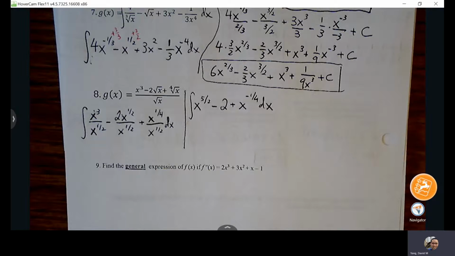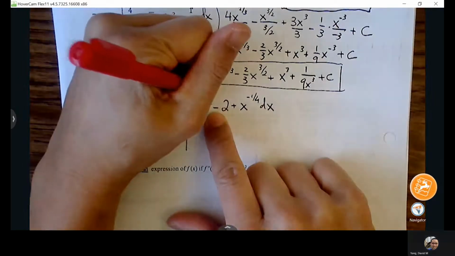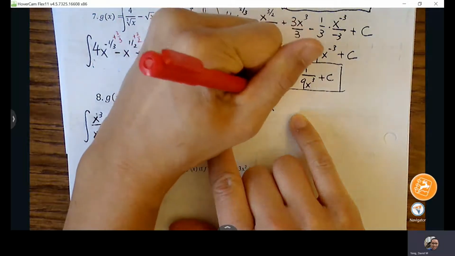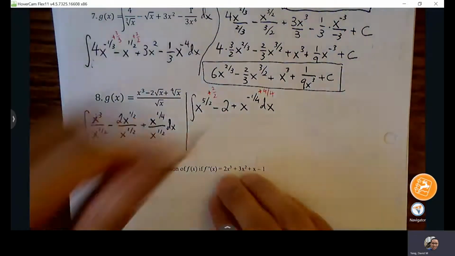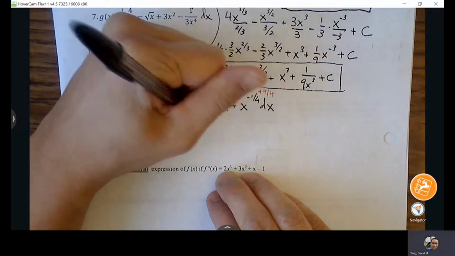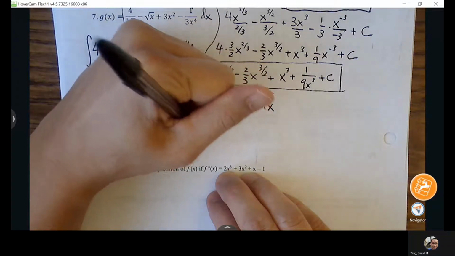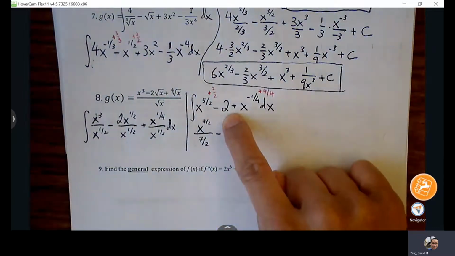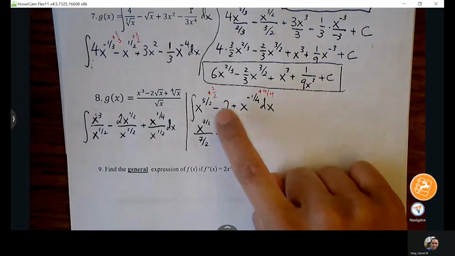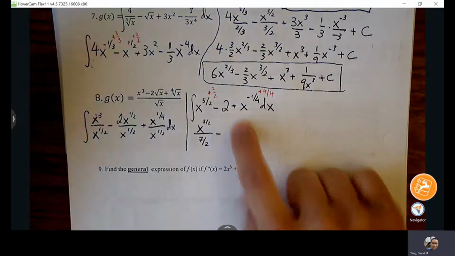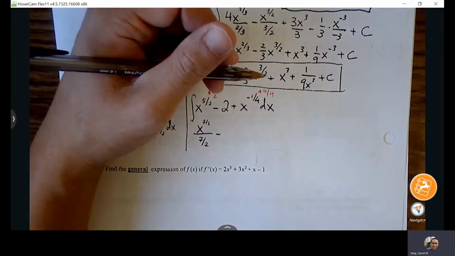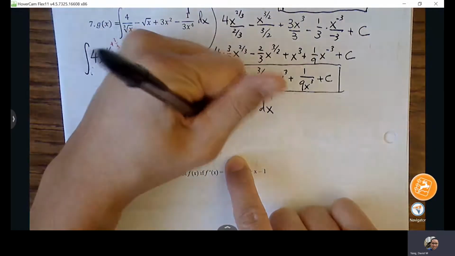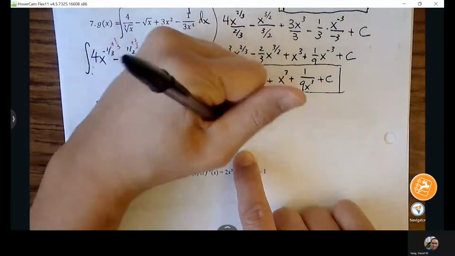Okay, so now we can apply power rule. We add 1 to the exponent. What happens to the 2? 2x, yep. Every degree gets increased by 1. Constant becomes a linear.